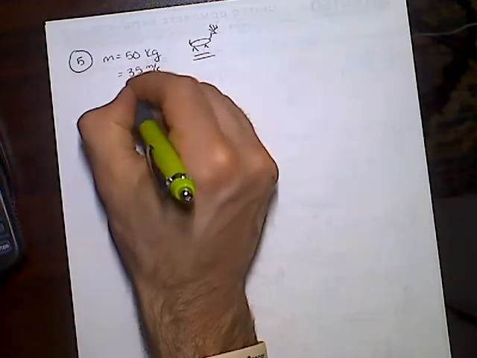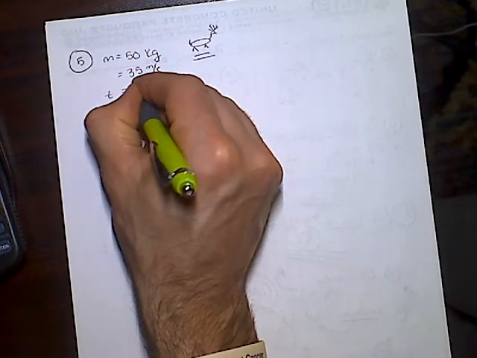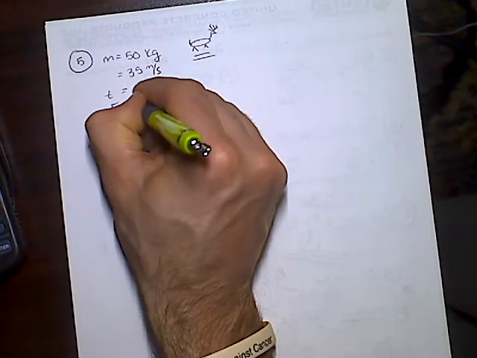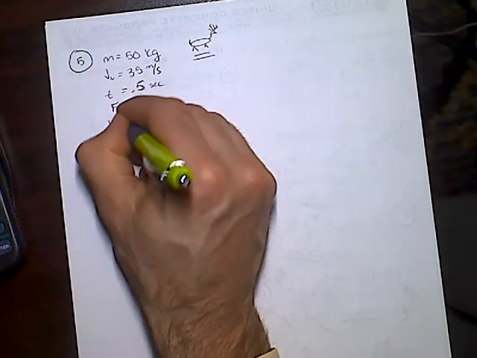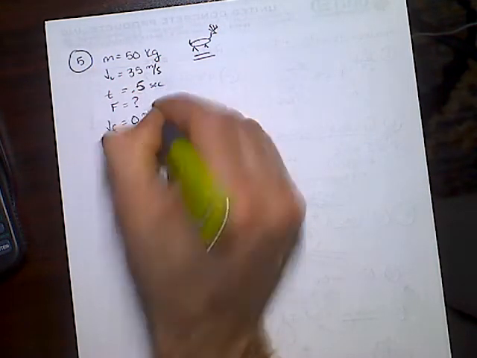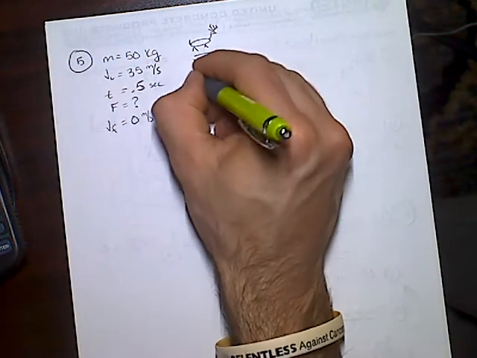She strikes the airbag, which brings her body to a stop in a time of 0.5 seconds. What average force does the seatbelt exert on her? We want to find the force. We know this is the initial velocity, and we know the final velocity, she comes to a stop, is 0 meters per second. So we want to solve impulse.